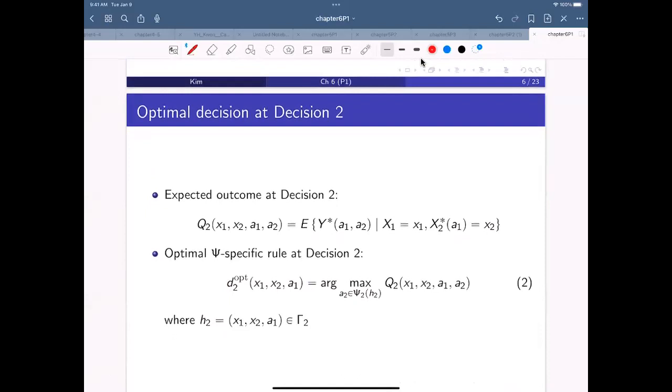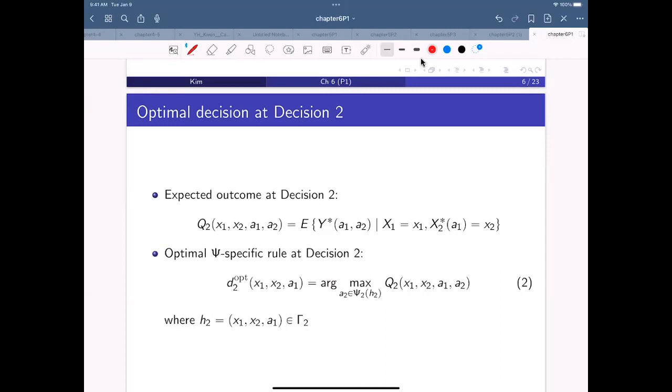We already know that for a single decision, we can find the optimal decision by maximizing the Q function. The Q function is nothing but the expected reward conditional on the history. So the conditional expectation of y is a function of x1, x2, a1, a2.